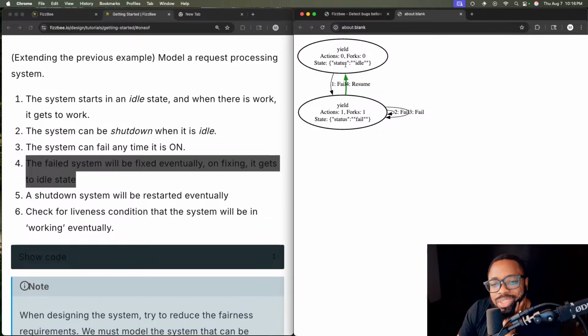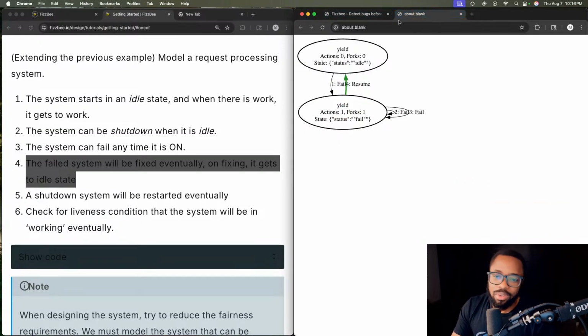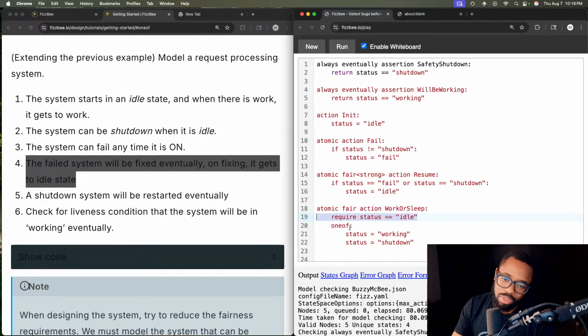Because this is not continuous enablement. Like this is not continuously idle. It's constantly shifting between idle and fail, idle and fail, idle and fail. In fact, it does idle, fail, fail, fail, idle. This particular error will be solved by strong here, I believe.